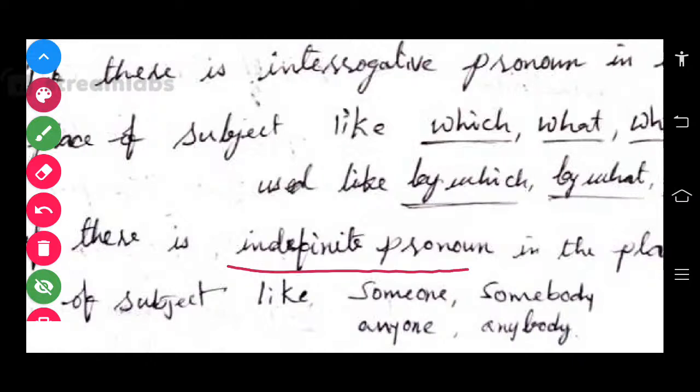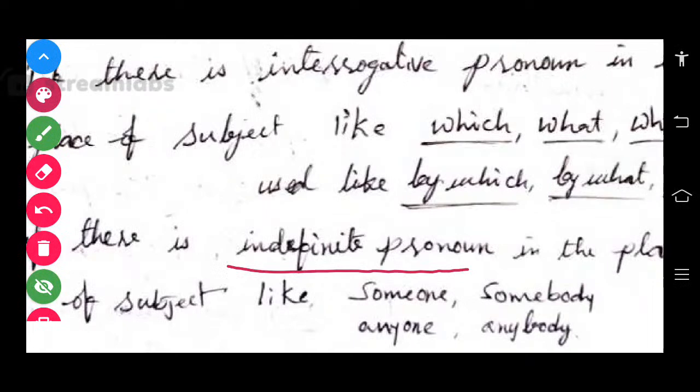These are words which are used without defining something, like anyone. Here I used anyone as a pronoun to denote someone, but I did not define anyone. Such kinds of pronouns we may call indefinite pronouns.